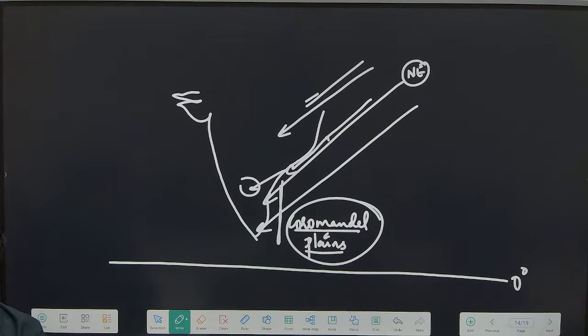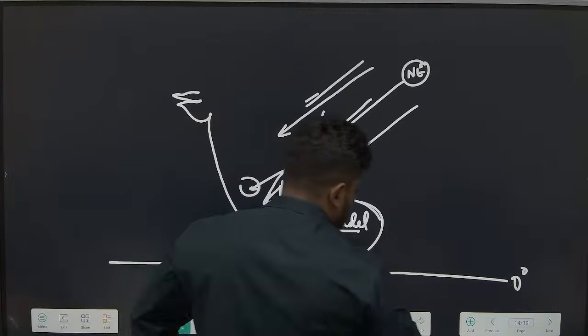Okay, then, since we have an idea about the distribution of rainfall, we'll directly proceed with the discussion of climatic classification. Karnataka, according to Köppen.